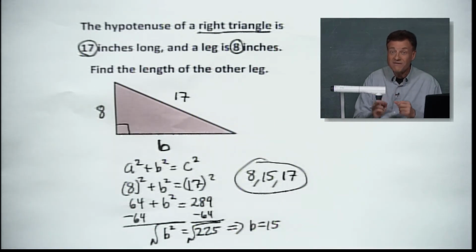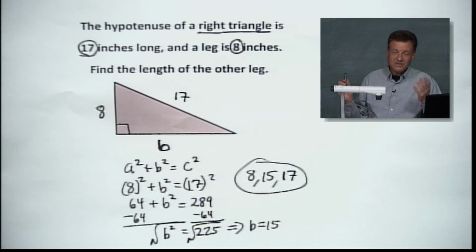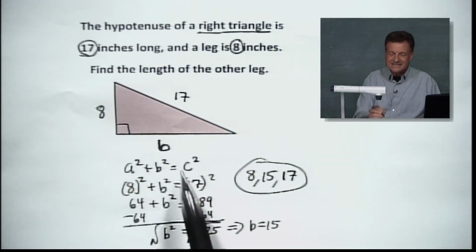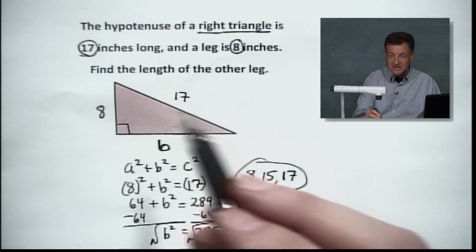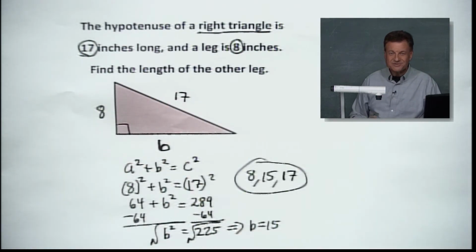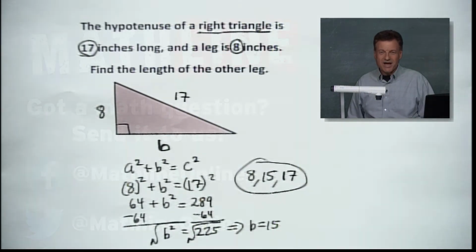Same thing if you have 8 and 15, 17 is always going to come back out at the end because the formula stays the same. A squared plus b squared equals c squared. Let me give you another triple. 3, 4, 5, 6, 8, 10, 5, 12, 13. You get the message. But for today's show, it's all about 8, 15, 17. And there's your problem of the day.